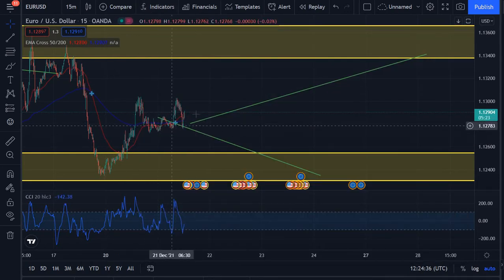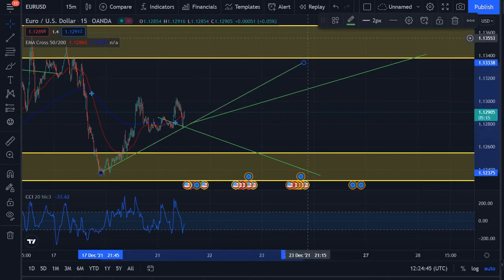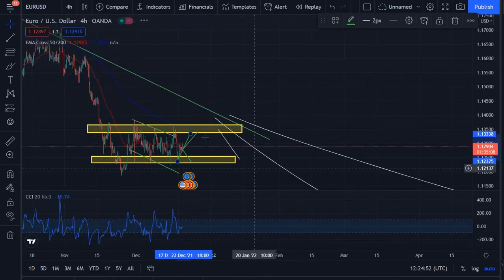So here we are kind of having a smaller bullish sign, so looks like we could here reach this resistance area. So this zone is where I'm willing to short.